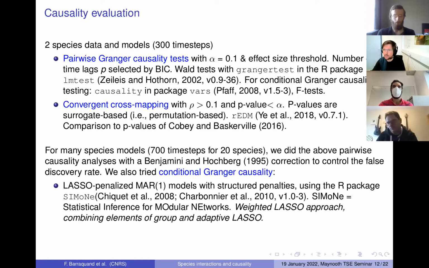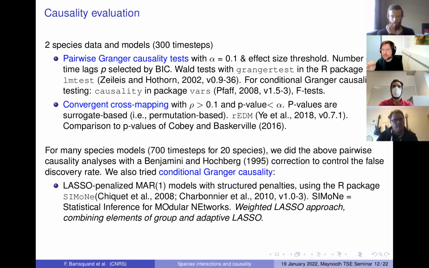And finally, instead of doing pairwise analysis, so a large number of tests, when you have 10 by 10, for instance, you do 90 tests, we tried to fit the whole dynamical system in the Granger causality case by fitting multivariate autoregressive models of order 1, which have some LASSO penalties.